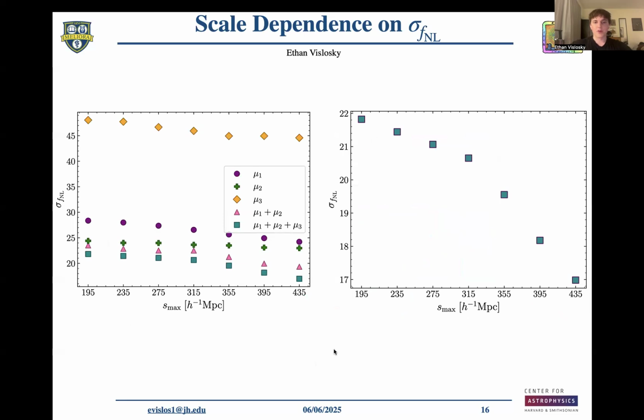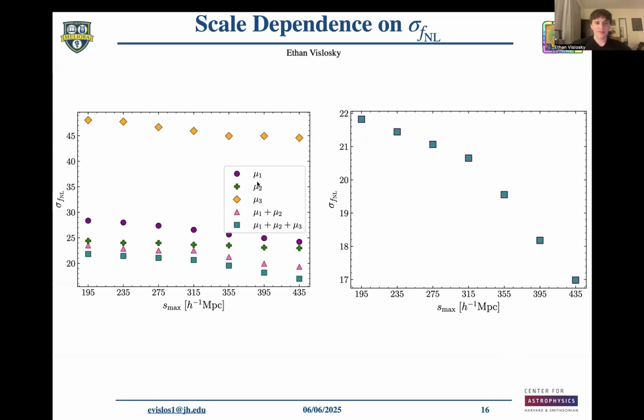So here's just some plots showing the scale dependence. More for reference, you can look at this and ask questions in one of the sessions, but it's just interesting that we see sigma of FNL, so our sensitivity, is increasing, or in other words, our uncertainties decrease with scale, as we'd expect from probing PNG, which is characterized best at the larger scales by the scale-dependent bias.